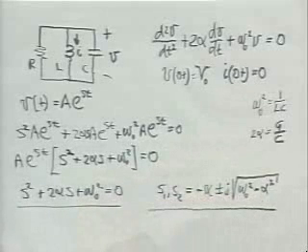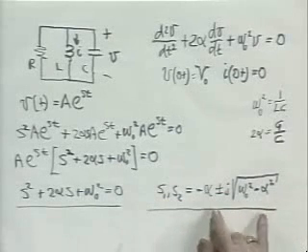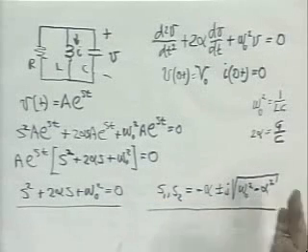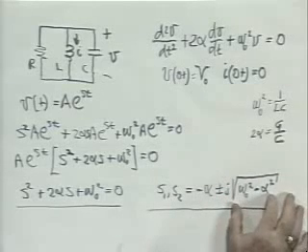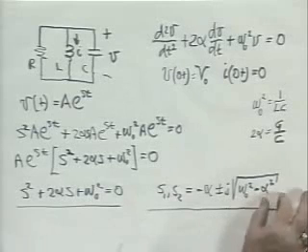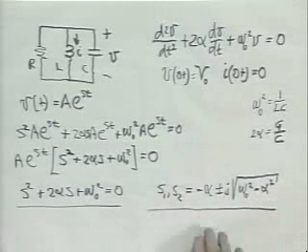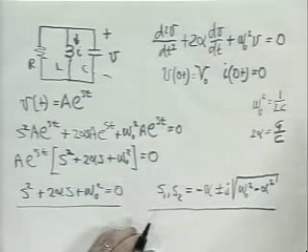So we get a pair of roots which, if alpha is less than omega naught, are complex. If alpha is bigger than omega naught, then we get another square root of minus 1, canceling this one, and we have simply on the right side here alpha squared minus omega naught squared. So the roots can be either real or complex depending on the relative values of alpha and omega naught.